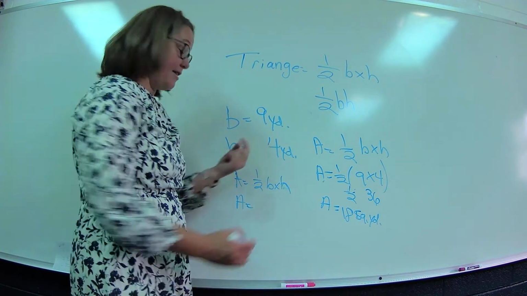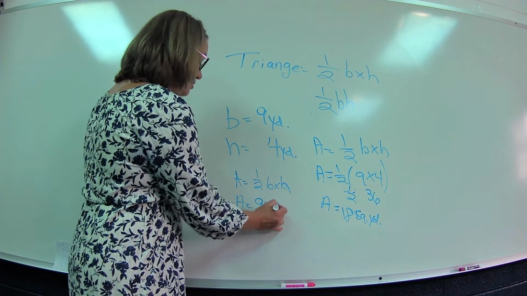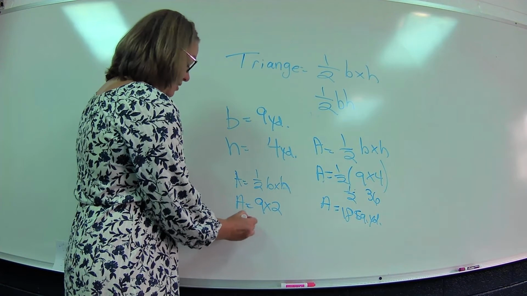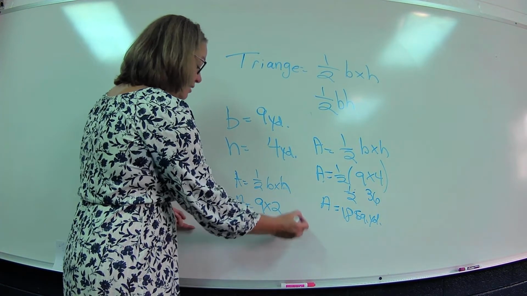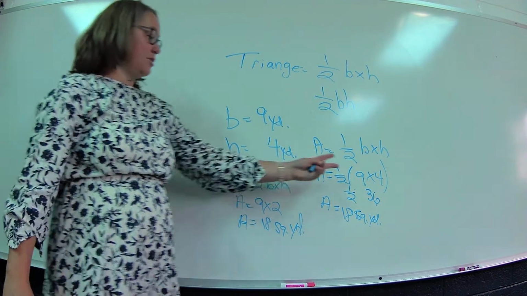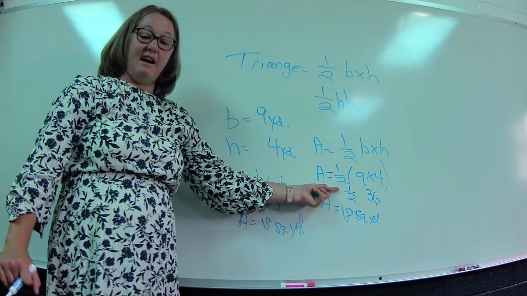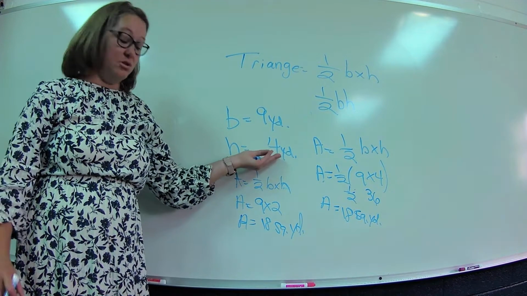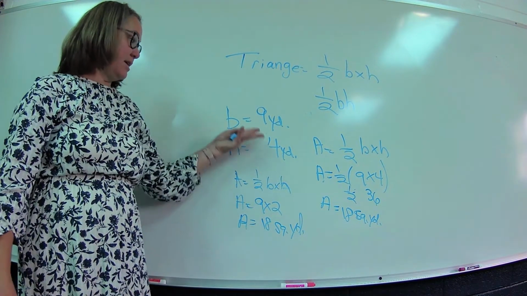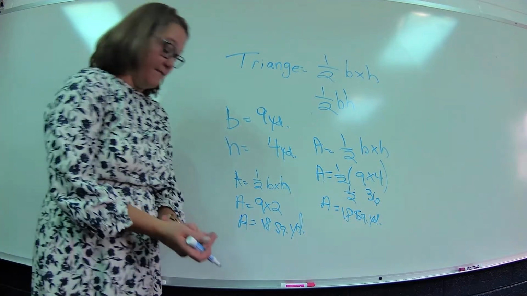If I cut it in half, I could do 9 times 2, and my area is going to give me 18 square yards. So if you want to do the whole multiplication and cut it in half, you can. Or if you want to cut one of them in half right away, you can do that too. That's the nice thing about it. But again, it's 1/2 of that answer.